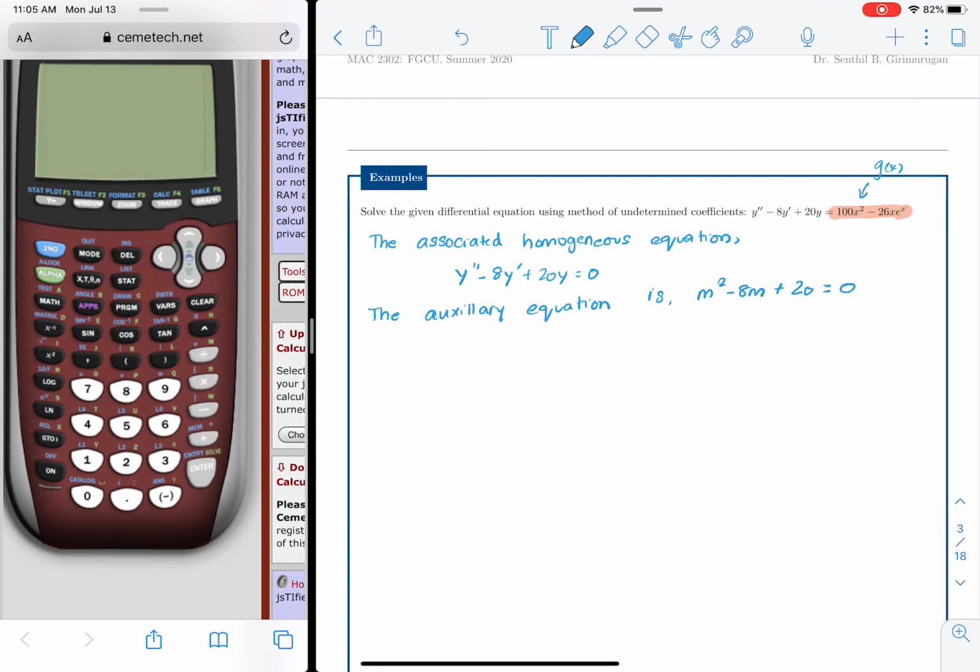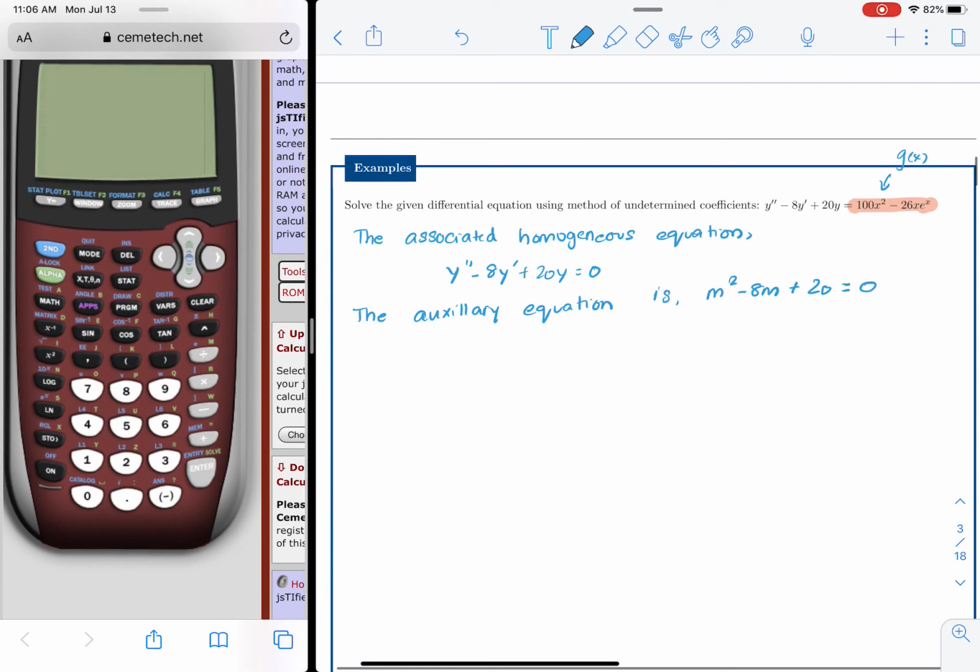So let me verify this problem quickly. It is plus 20. So let's find the roots.